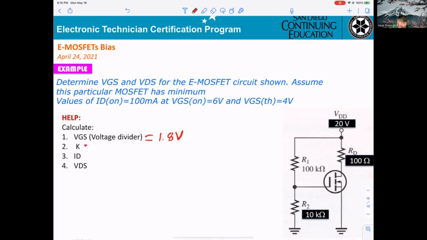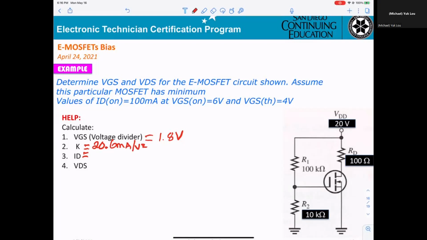Okay, let's see, just a minute. Milliamp per V squared. And I want ID. If you get a different answer, let me know.